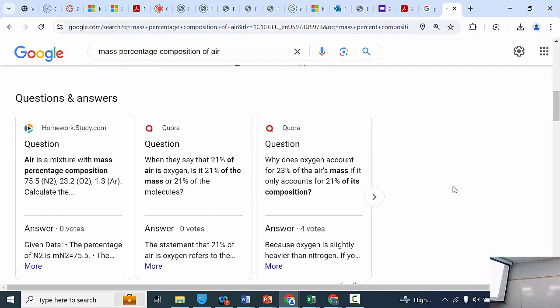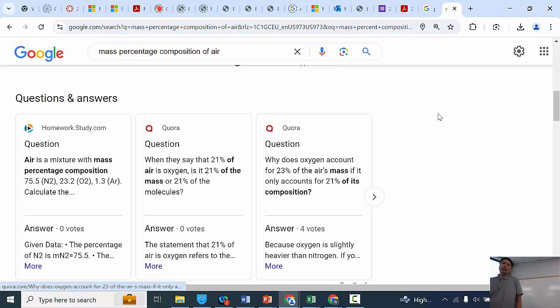If you do it by mass, then if I had 100 grams of air, 23.2 grams of that would be oxygen. Oxygen's a bit heavier than nitrogen. Oxygen's 32, nitrogen's 28. And so it's going to be slightly biased towards oxygen since it's heavier. The percentage of oxygen goes up because it's heavier, and the percentage of nitrogen goes down because it's lighter.